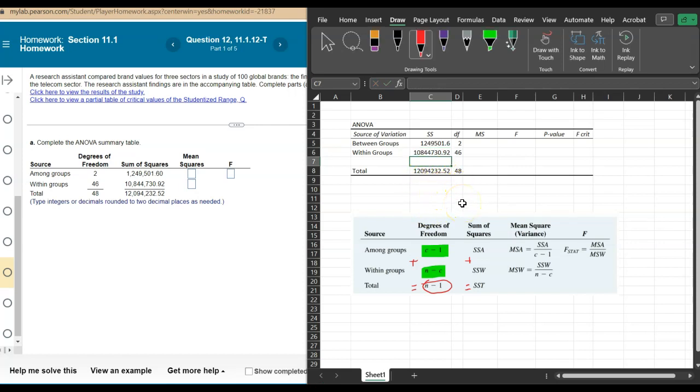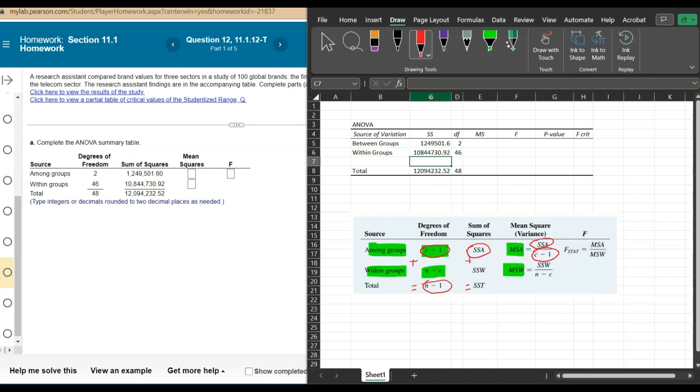Now going back to the table, I'm looking for the mean square. There are two mean squares. One is the mean square among groups, that's the first one, and the other one is within groups. For the among groups, it's telling you just to divide the sum of squares by C minus 1, that's the degrees of freedom.